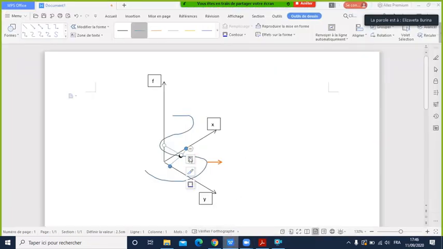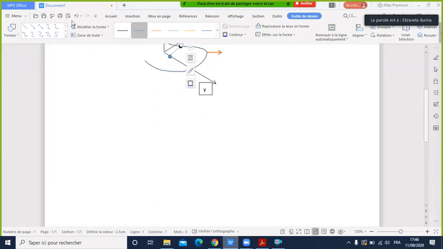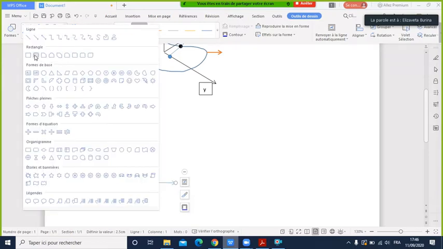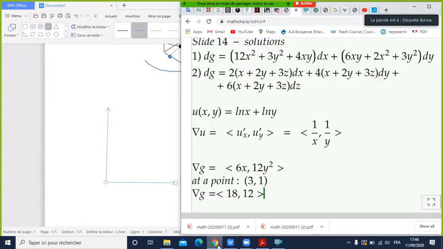We got some vector 18, 12. If I'm just doing it on the plane xy, so this is x, this is y as always. So I'm supposed to find the dot. What is it? 18, 12, right?